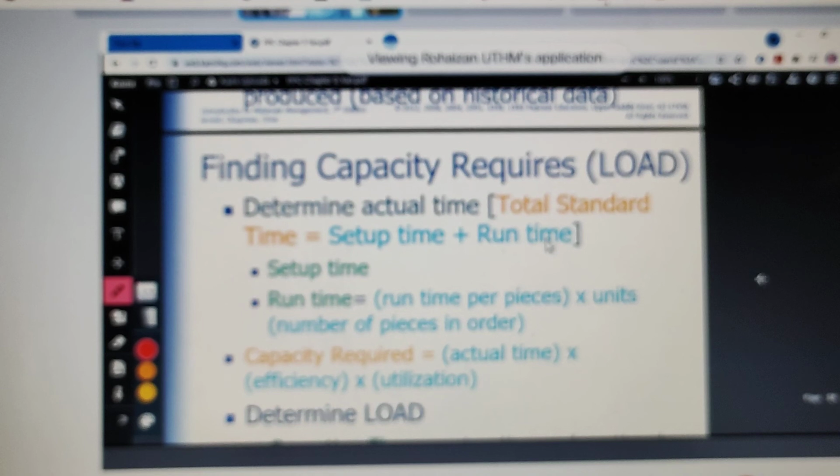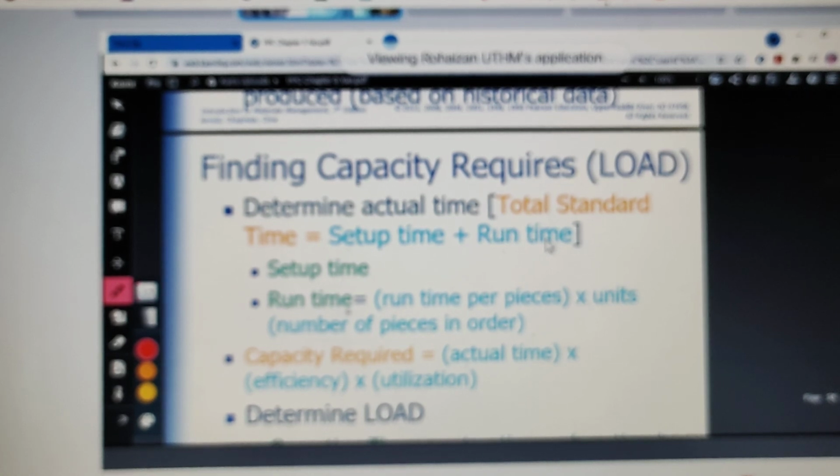First, we need to determine the actual time. This is not the available time, but in capacity required. To determine the actual time, or total standard time, it is setup time plus run time. So we need to know the setup time and run time.